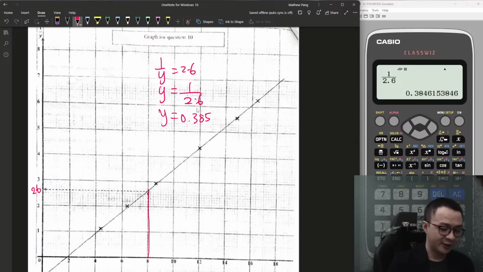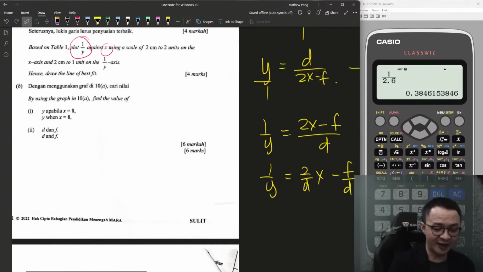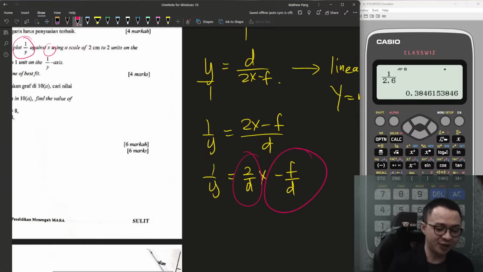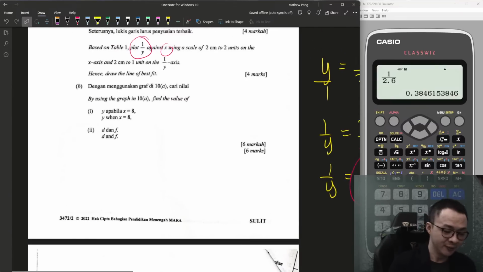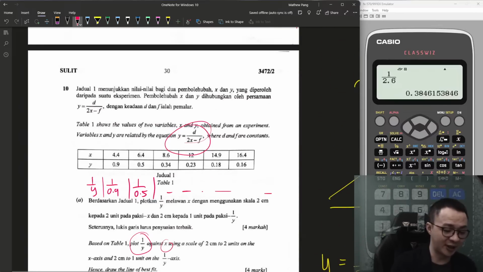Okay, then in order to find d and f, we know our c is this one. So I want to find m first. Gradient is 2 over d, right? So for gradient here, you just need to take 2 coordinates from here. So m equals 2 over d.